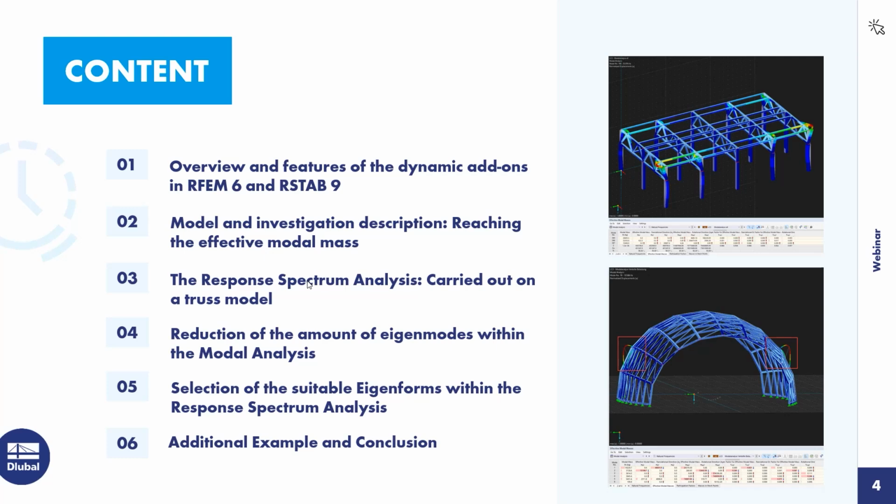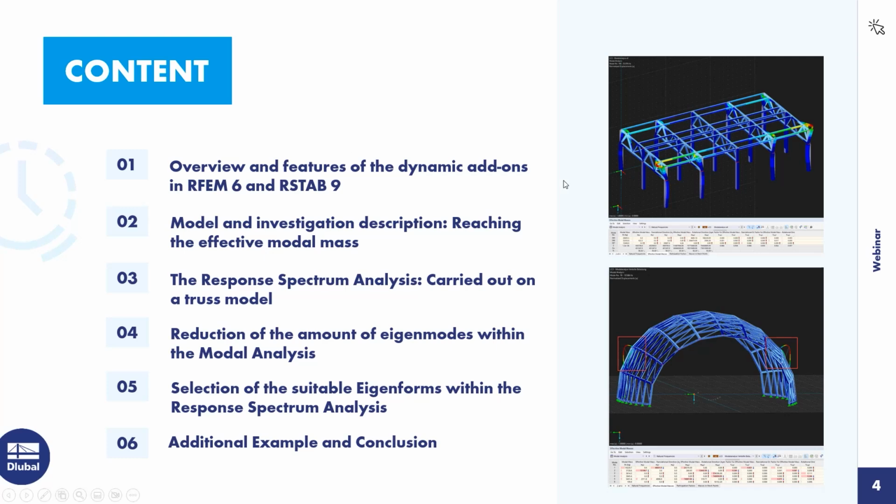Then the next step is to perform the response spectrum analysis on that truss model. This we will follow up by the reduction of the amount of the eigenforms within the modal analysis, and we will also select the suitable eigenforms within the response spectrum analysis. In the end, I will also go over the second example, which is shown on the right bottom side, and we will also get another trick for reaching less eigenmodes for that model.